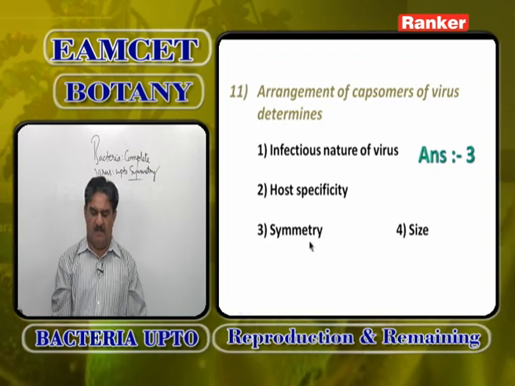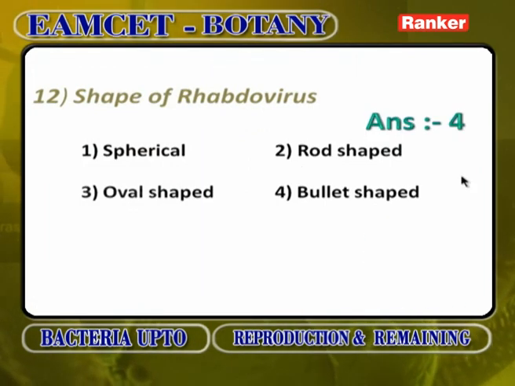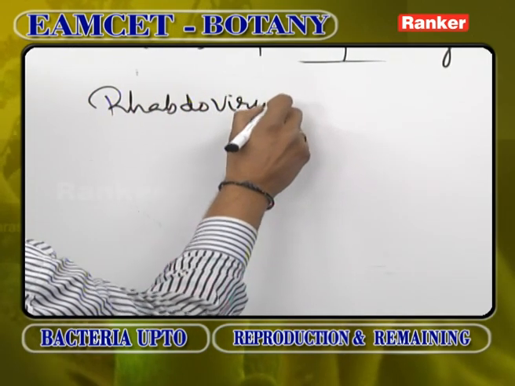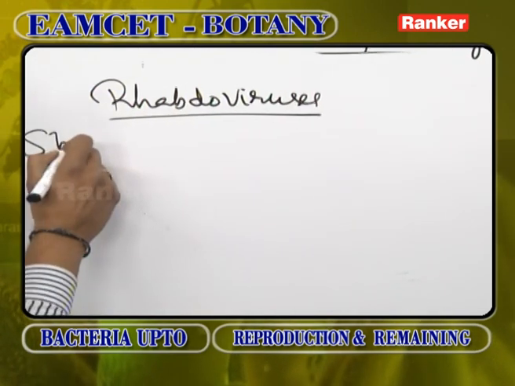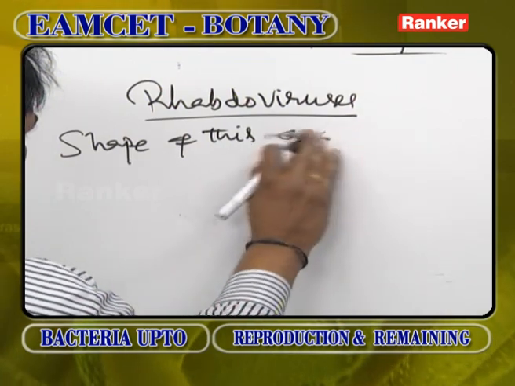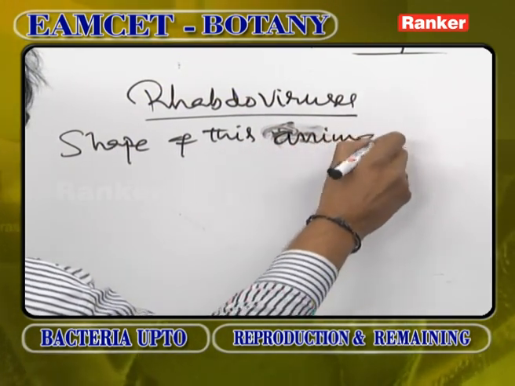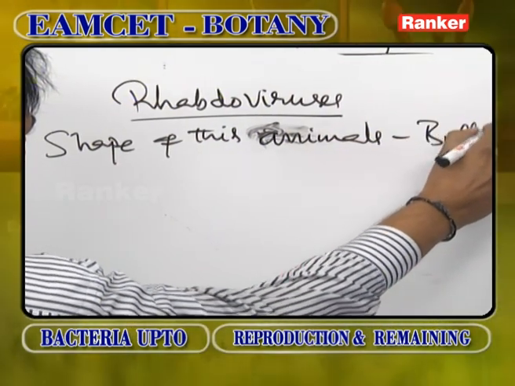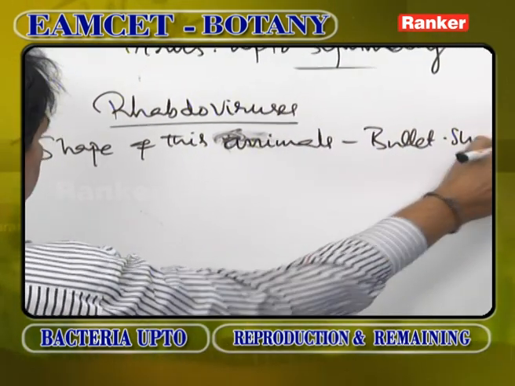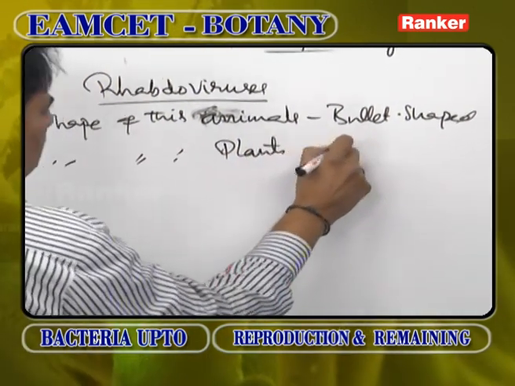Next, the shape of rhabdovirus. Rhabdoviruses are special viruses whose shape in animals is bullet shape, while the same virus in plants is rod shape.